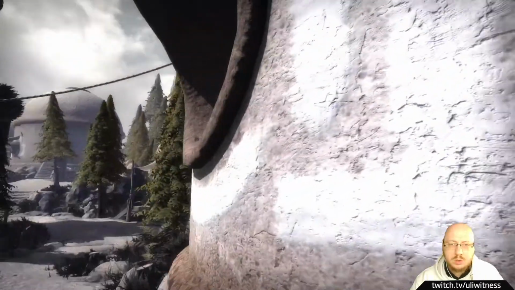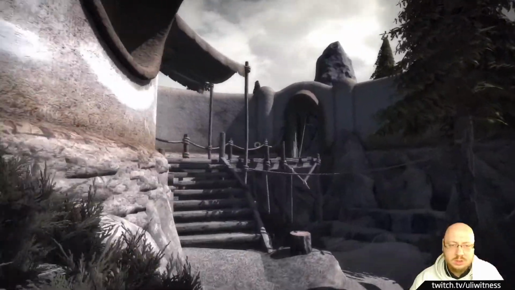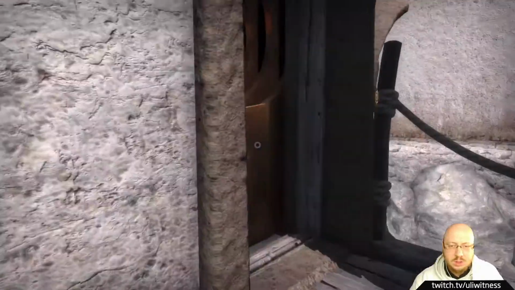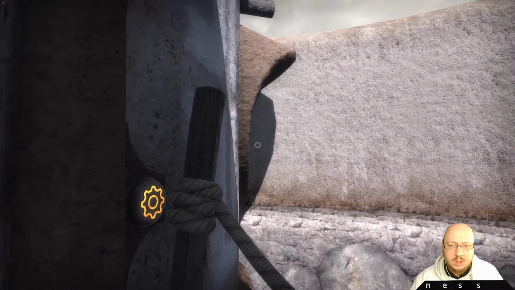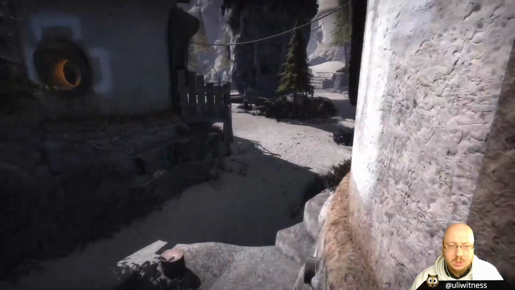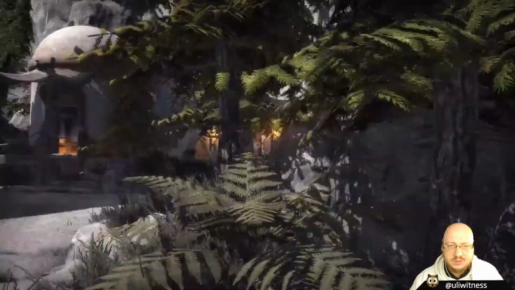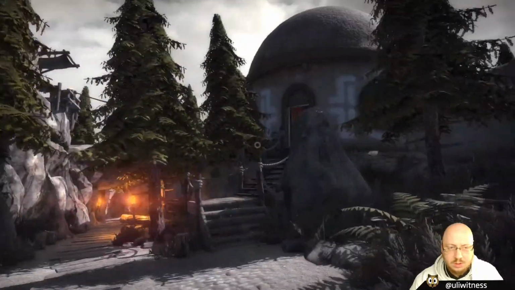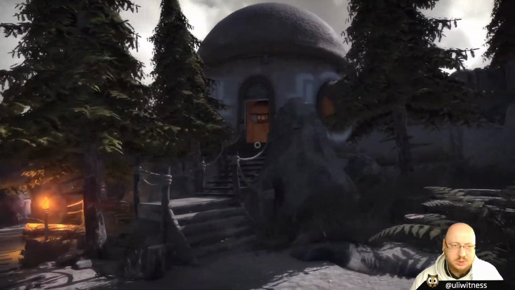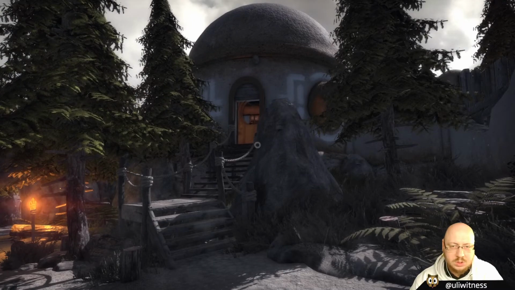So this looks... so what if we rotate this differently? So these seem to be the windows.